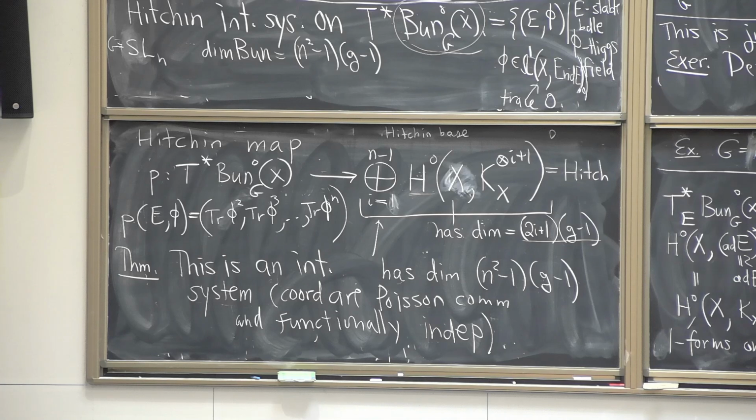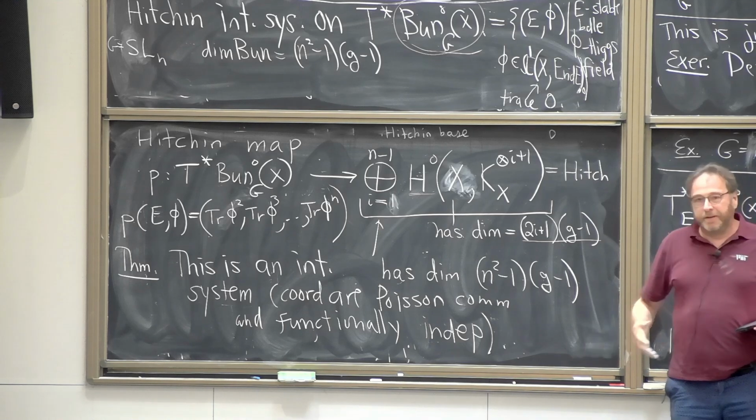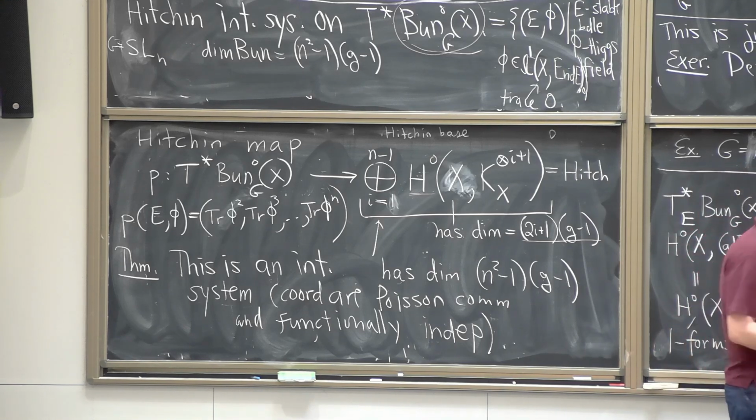So the point is that if you don't have stable bundles because you have too many automorphisms, then in this situation you want to rigidify your problem, which means to fix, for example, elements in fibers at several points. And this will make a lot of bundles which were not stable into stable bundles. And then you can play this game, and you will get lots and lots of interesting integrable systems.